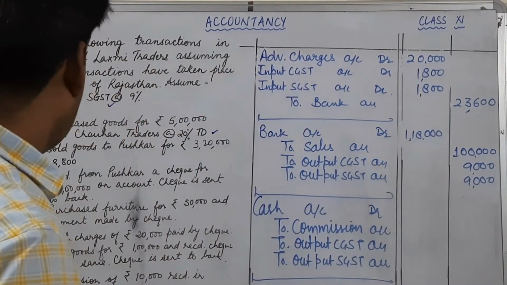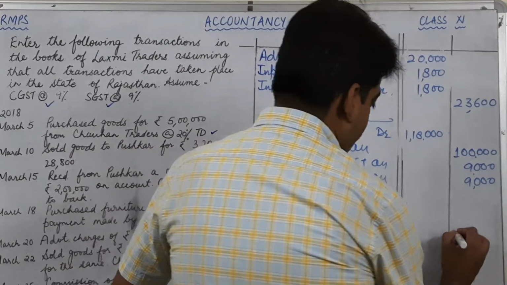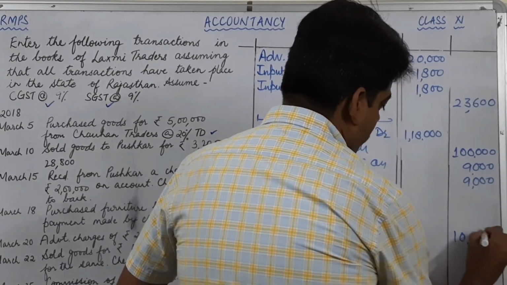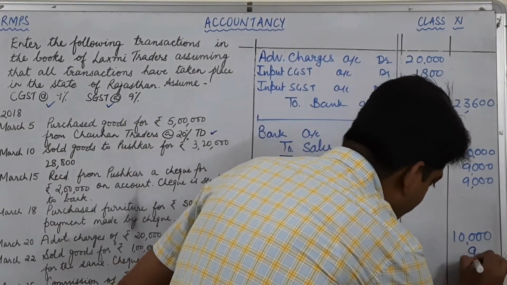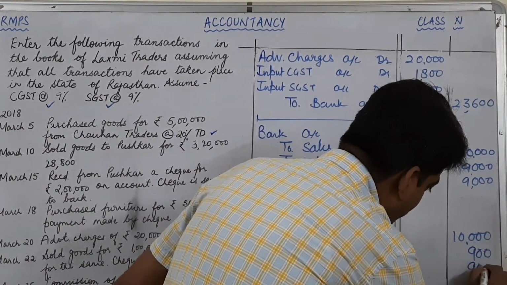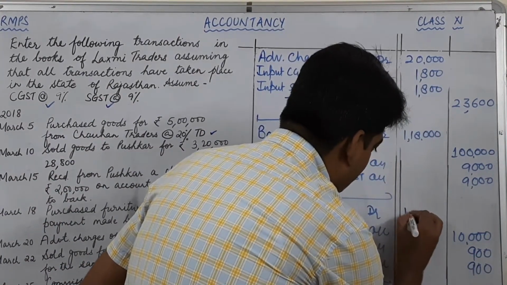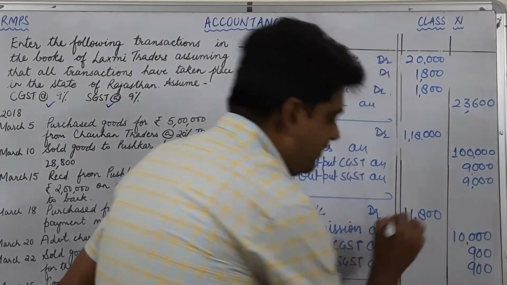Okay, and how much commission we have received? 10,000. On 10,000 rupees, 9% taxes, that will be 900 each. So it will be 11,800.